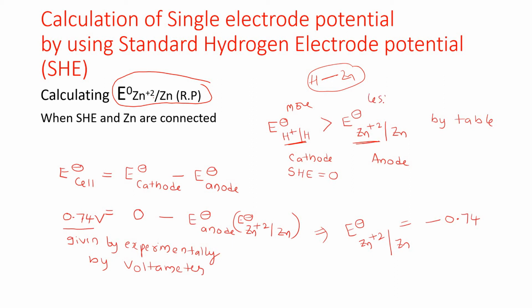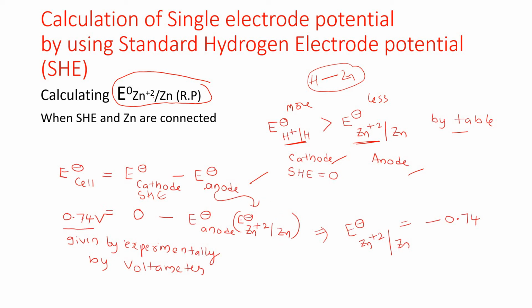This is a spontaneous process, based on the table. The formula is E naught cell equals E cathode minus E anode. E cathode is the standard hydrogen electrode, whose value is always 0. E anode is zinc.